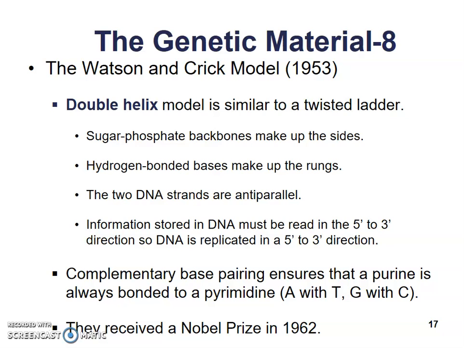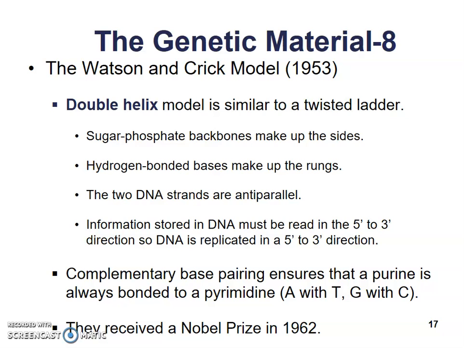Watson and Crick took information from a bunch of other scientists and figured out that it's a double helix, similar to a twisted ladder, with a sugar phosphate backbone that makes up the sides, kind of like the sides of a ladder, and hydrogen-bonded nitrogen bases that make up the rungs of the ladder. They also used other people's research to discover that the strands are anti-parallel, meaning they were side by side but facing different directions.